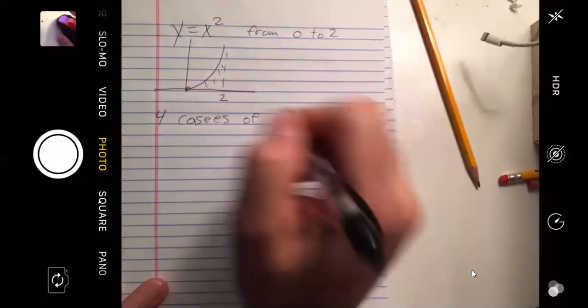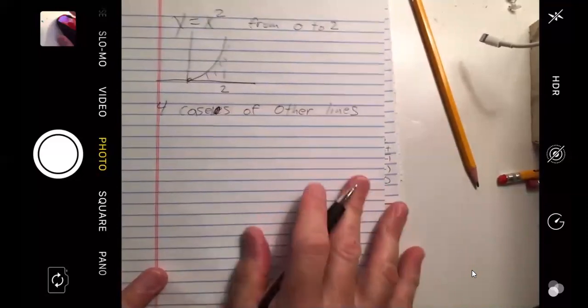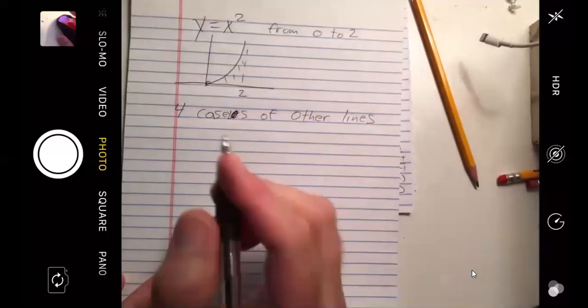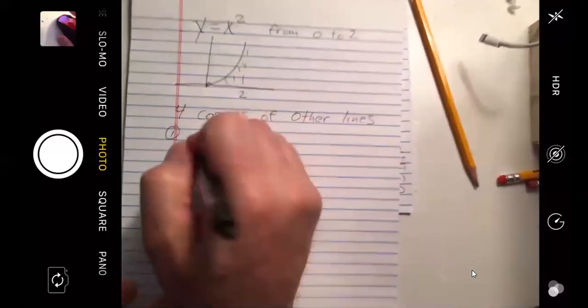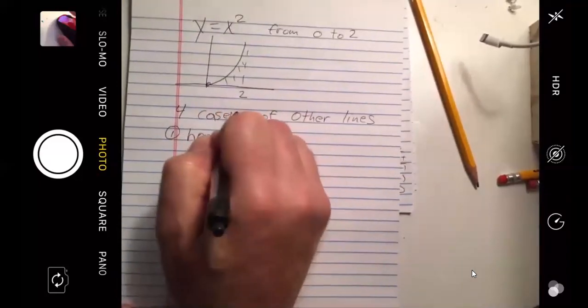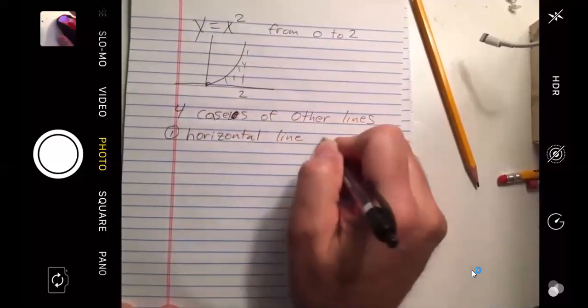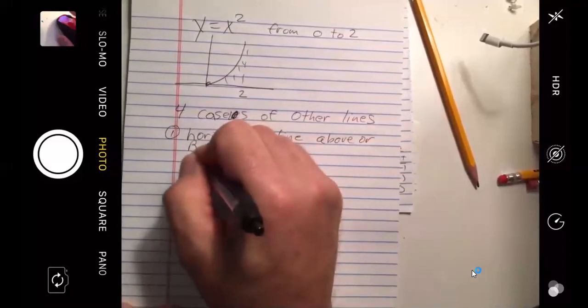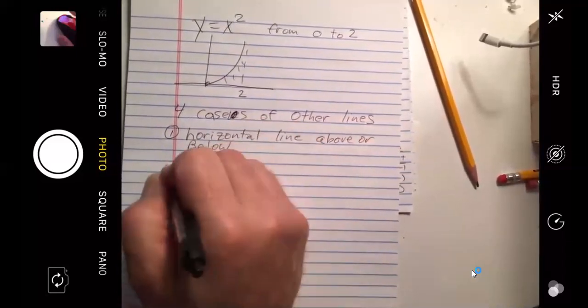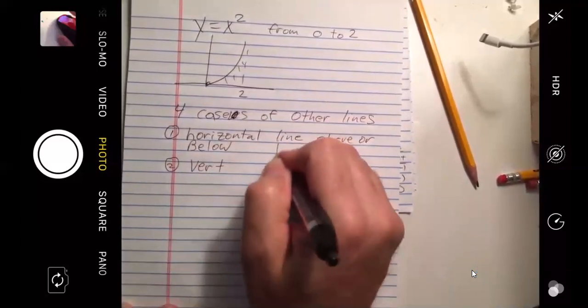Oh boy, I can't spell today. Sorry about that. Okay. The order you do these doesn't matter, but you can go horizontal line, above it or below it. You could do a vertical line. Let me just illustrate that.